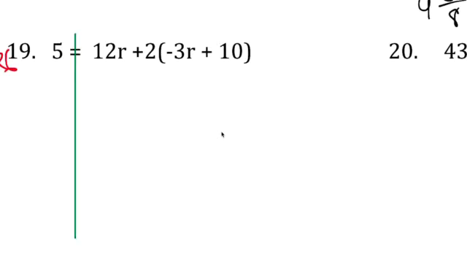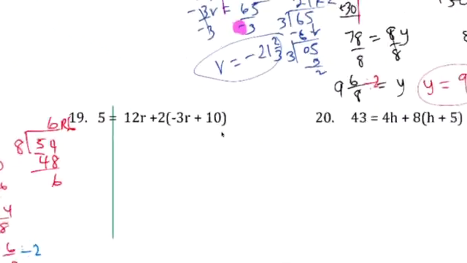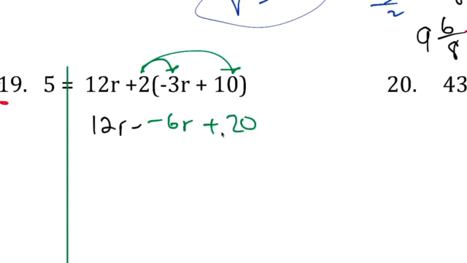Okay, again, distribute. I got it all on one side. Negative 6r plus 20. And then you want to bring down the 12r and the plus sign and the 5. Okay.